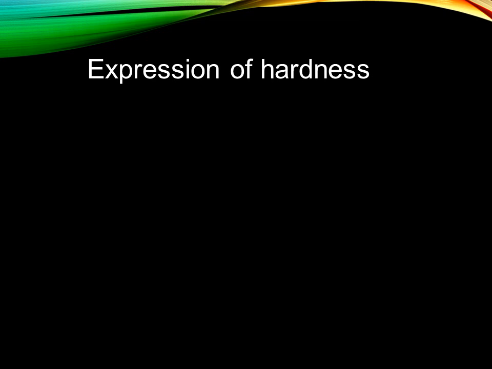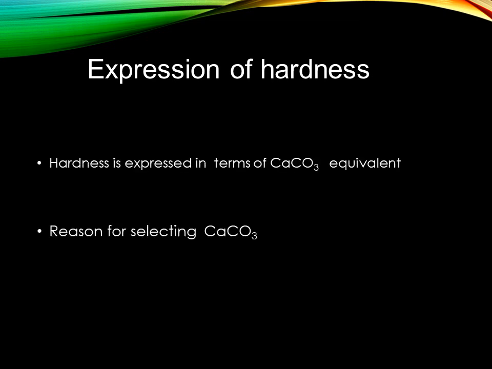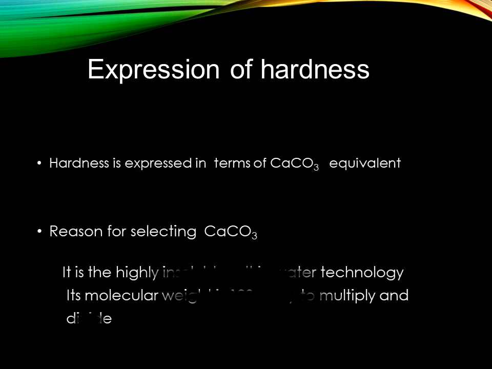Expression of hardness. Hardness can be expressed in terms of calcium carbonate equivalent. Why is it expressed in terms of calcium carbonate equivalent? There are two reasons for selecting calcium carbonate. One is that it is a highly insoluble salt and easily precipitates out, so separation is easy.